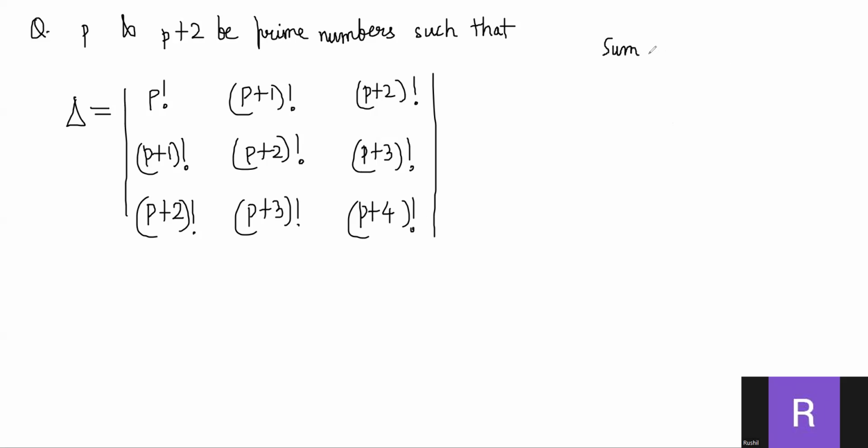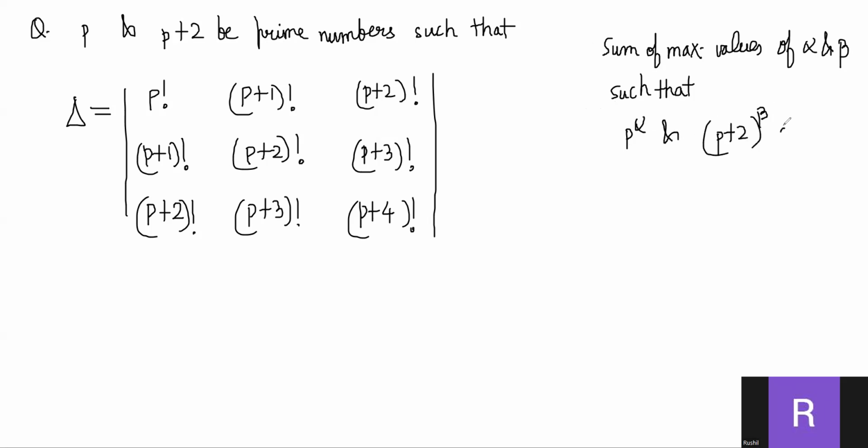Find the sum of the maximum values of alpha and beta such that P power alpha and P plus 2 power beta divide delta.